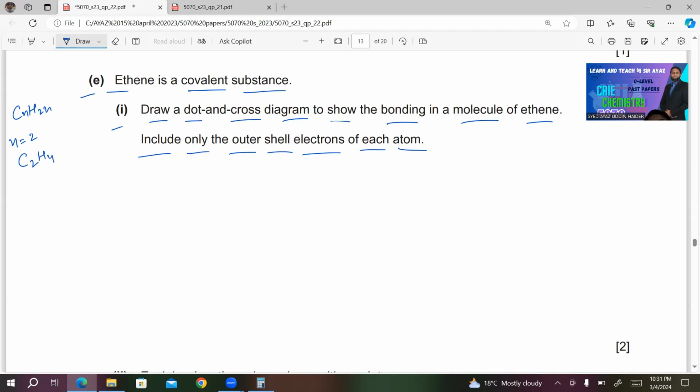So on the right hand side, I am going to show the key. We have 2 atoms, carbon and hydrogen. For carbon, I am using cross, hydrogen, I am using dot. We have 2 carbon atoms, and there must be double bond between these 2 carbon atoms, and there are 4 hydrogen atoms.